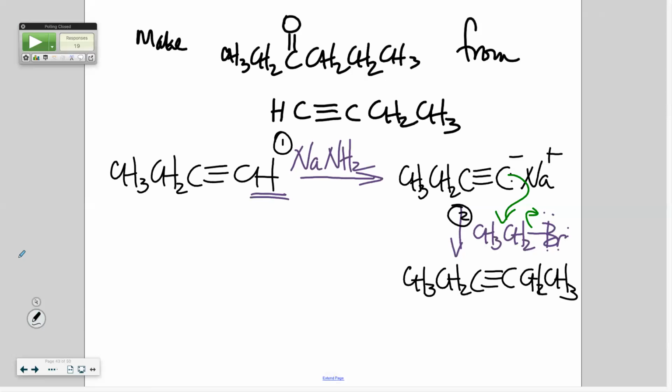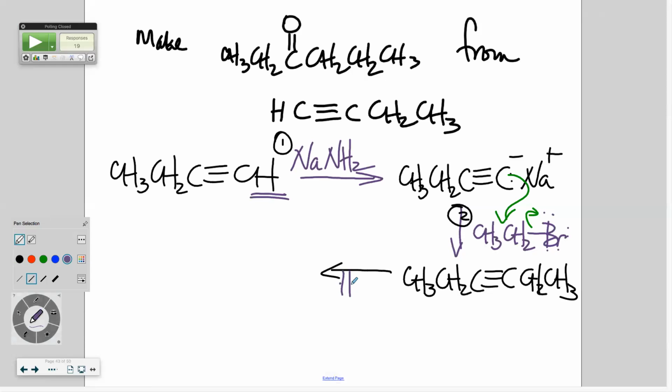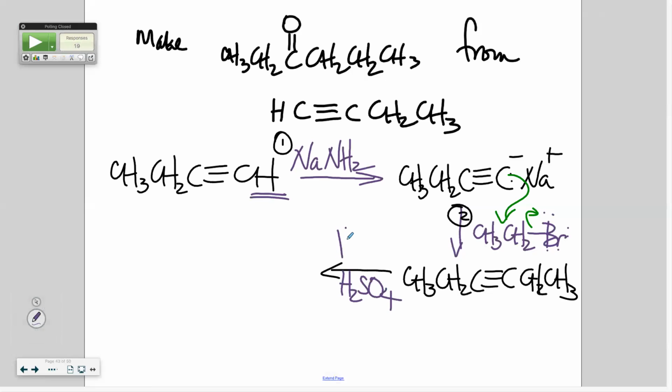Okay, so how am I going to put water on there? Okay. And that HgSO4, the mercury. Okay, so all that's going to be used on your arrow.